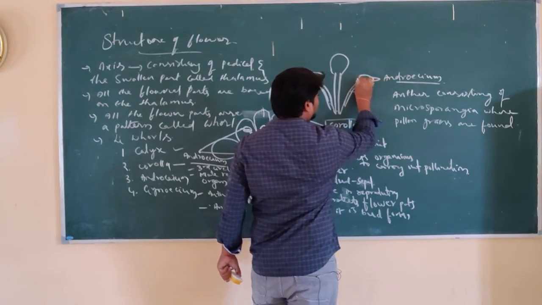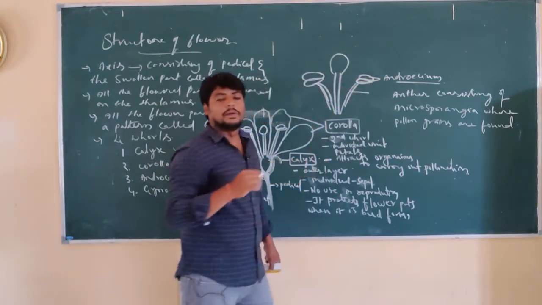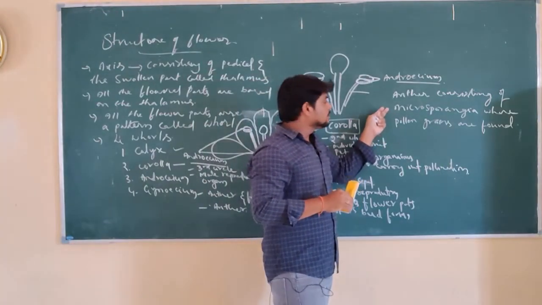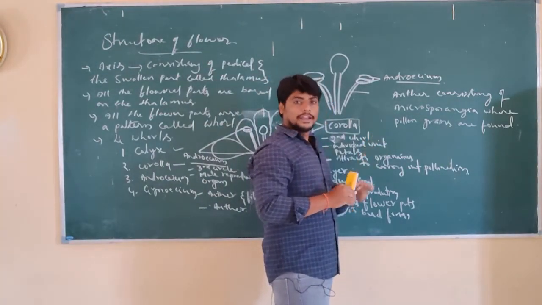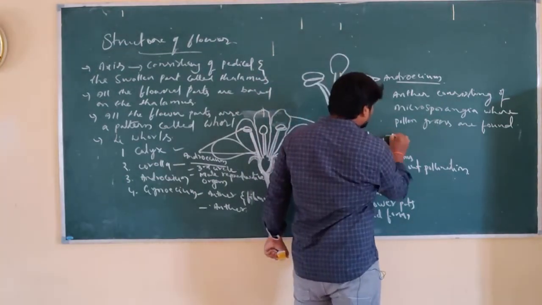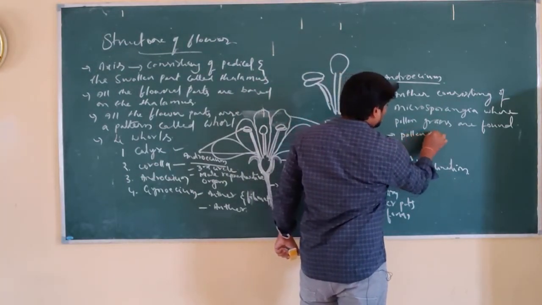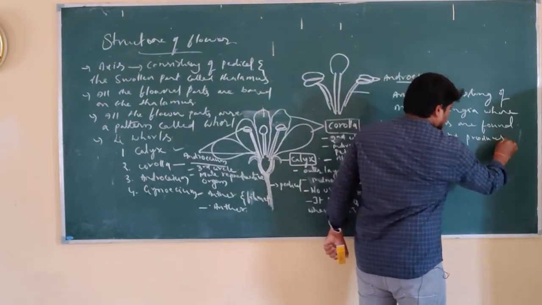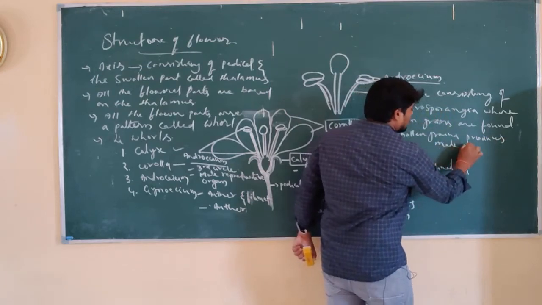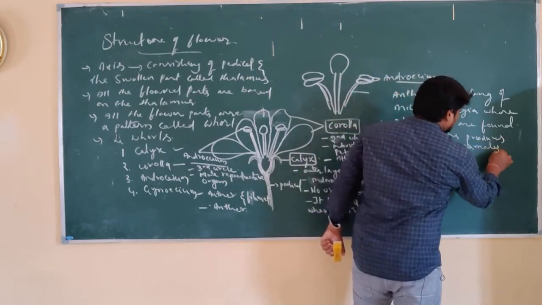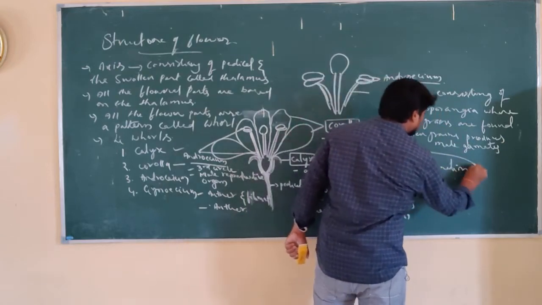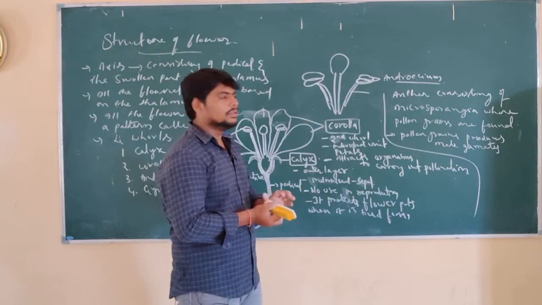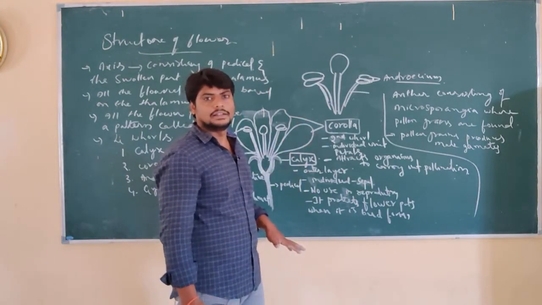If you observe the anther, it consists of pollen sacs, which we can call microsporangia. This microsporangia consists of pollen grains. These pollen grains produce male gametes. Male sex cells are produced in pollen grains. Understand? So male gametes, male sex cells, are produced from the anther, that is, from the androecium.